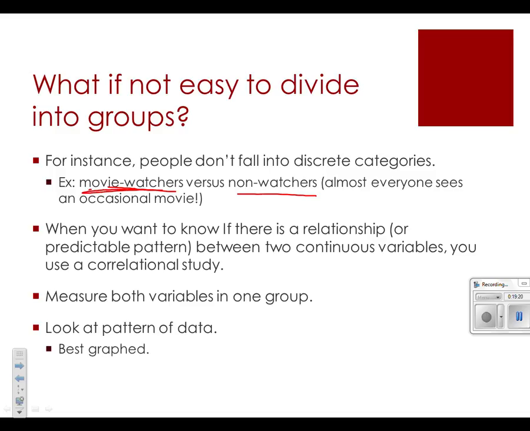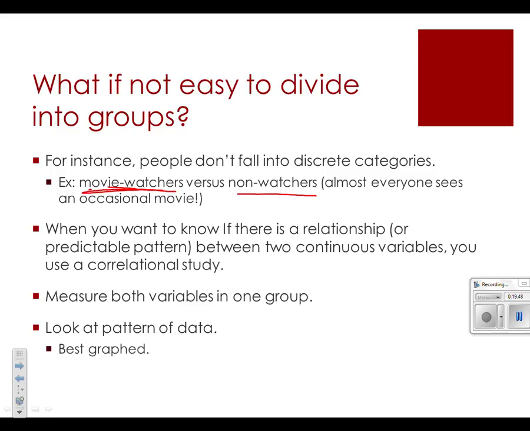Also, just calling people movie watchers doesn't distinguish between someone who goes to maybe 1 or 2 movies a year versus someone who goes 4 or 5 times a week. They would all be lumped together, and that might not be ideal. So something like movie watching is an example of a variable that isn't easy to characterize into discrete categories.